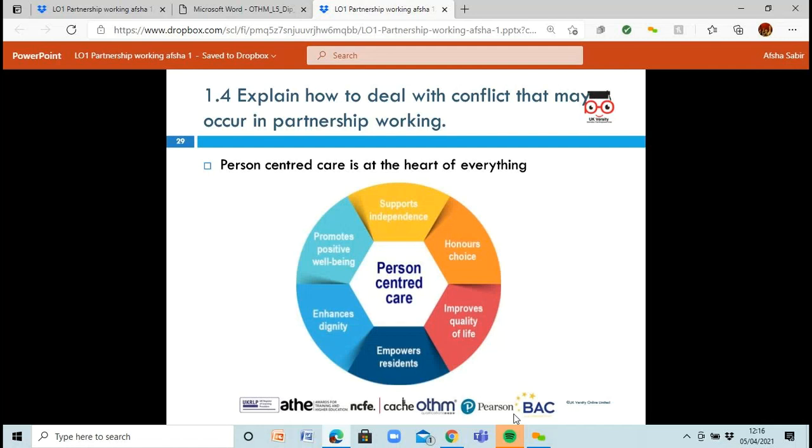And then we've got the person-centered approach. As we say, person-centered care is at the heart of everything. It helps you to support independence and so on. And then also things like the 6 C's, which are part of anything: care work, nursing, any type of liaison you have with your patients. So you're being caring, compassionate, you're making sure that you're actually competent to carry out certain procedures.